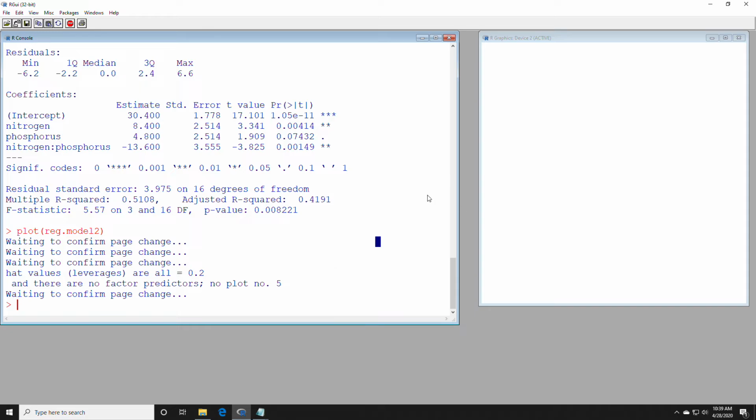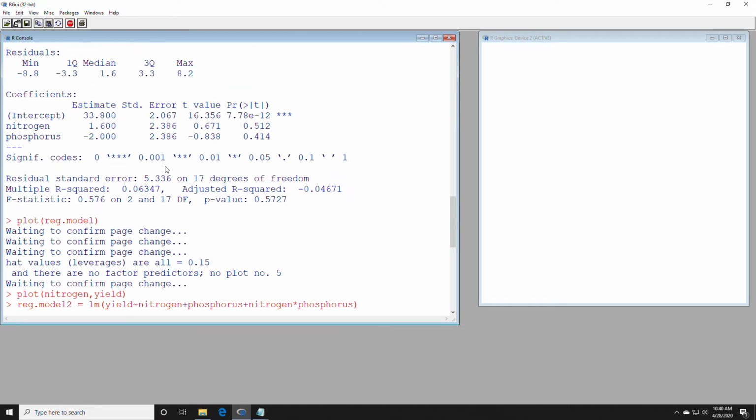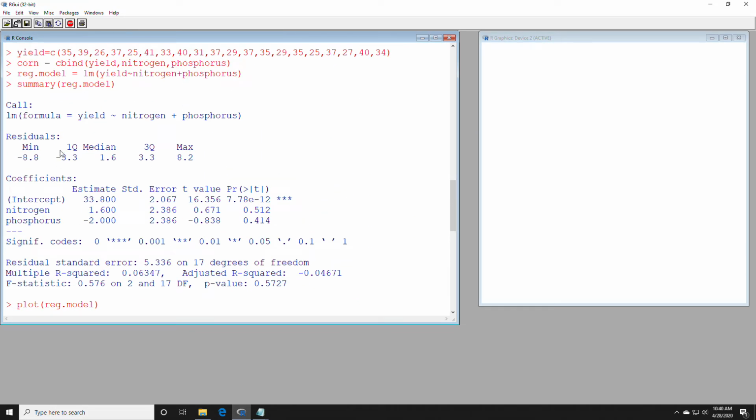Another thing about the interaction term: we determined why we need it. This is saying that it's needed, and we also discovered when we tried to fit the model without it that there were problems, and they were almost entirely fixed when we added this interaction term. For a model where we just have nitrogen and phosphorus, we have nice interpretations.